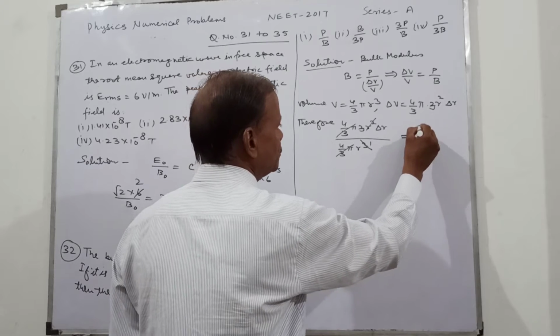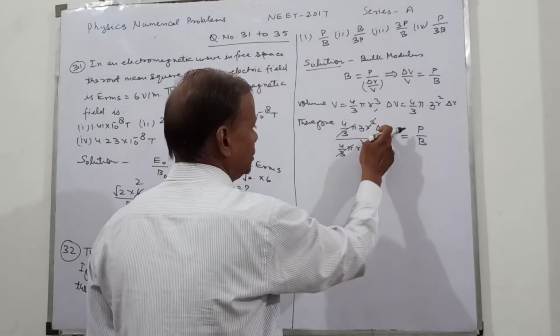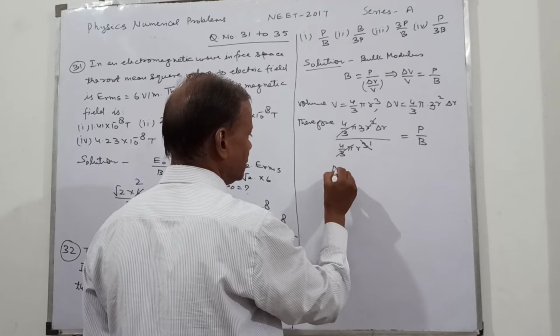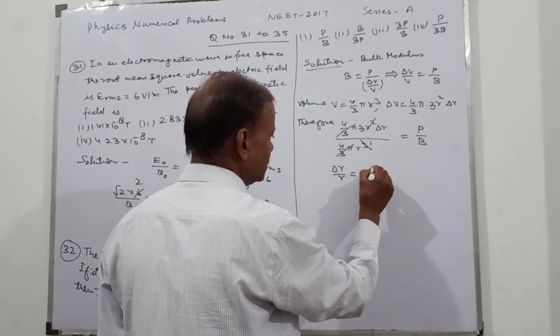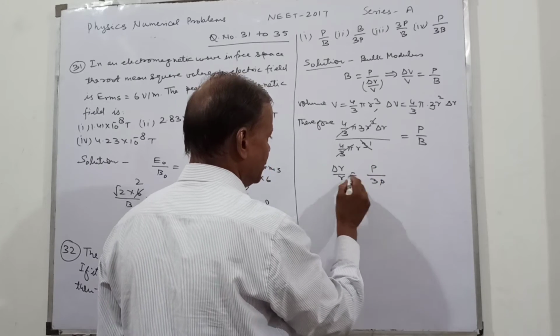So this is equal to P upon B. Now delta r upon r, here is 3. Multiply to this one. This is now P upon 3B.